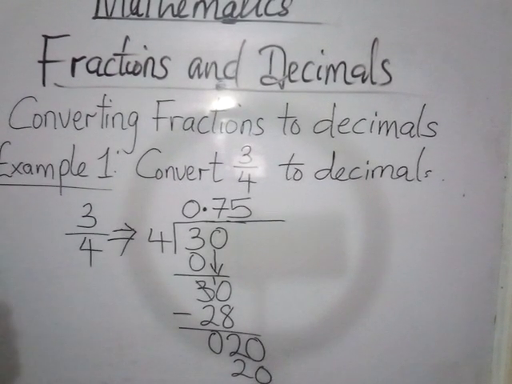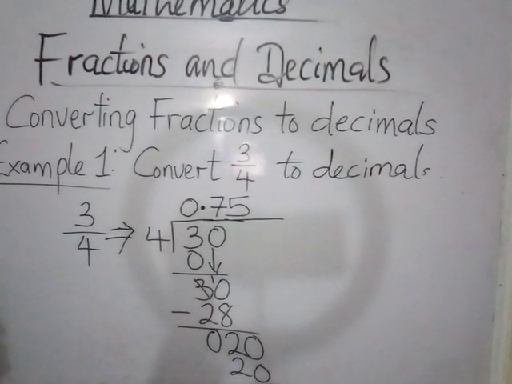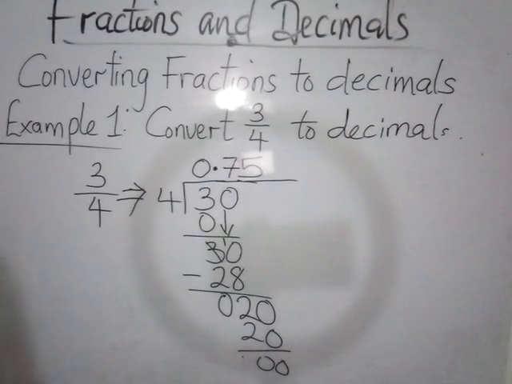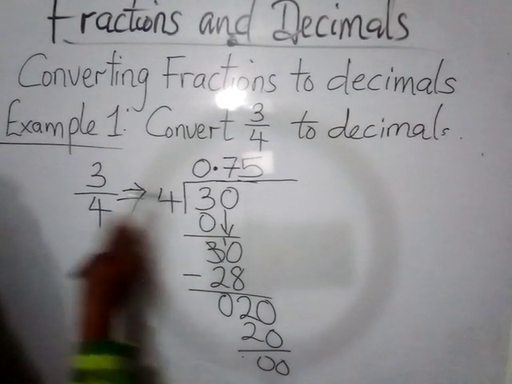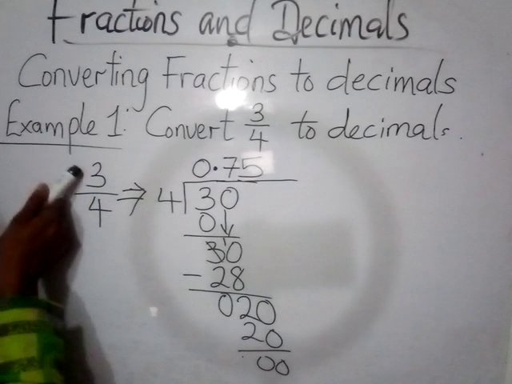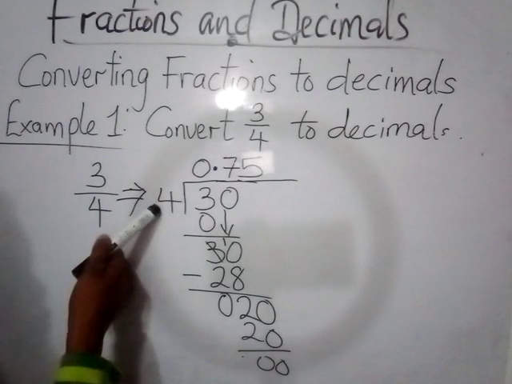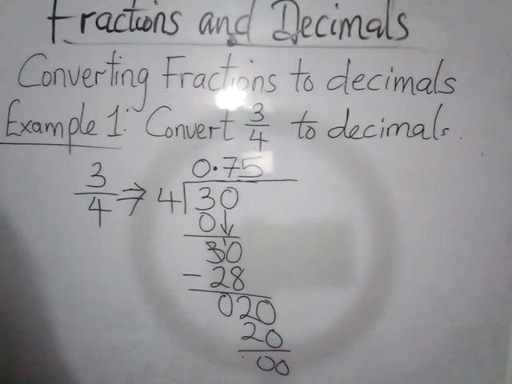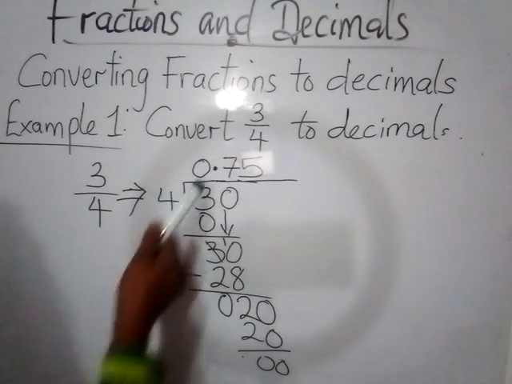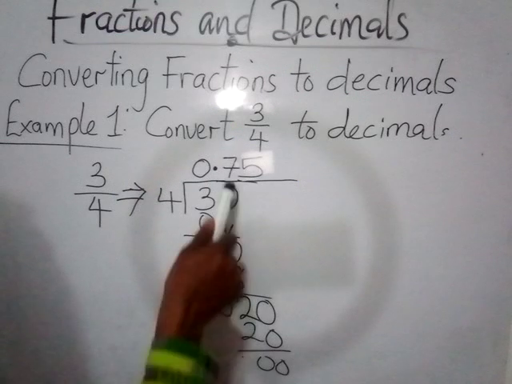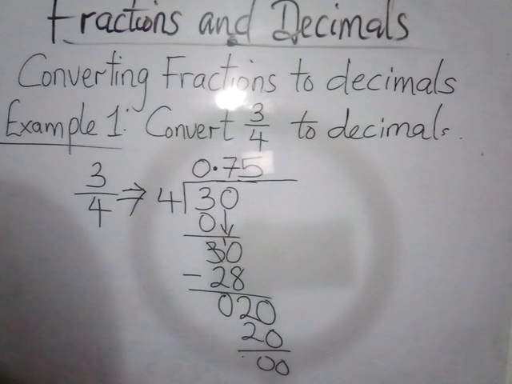Now I'm going to go over it again for clarity, and then we use the other method to check. All right, so let's go again. Remember, we are dividing the numerator by the denominator. So you have 3 here, and you have 4, the divisor, outside. 3 divided by 4 is not possible, so you put 0 down and you put your point. At that point, you add 0 here.